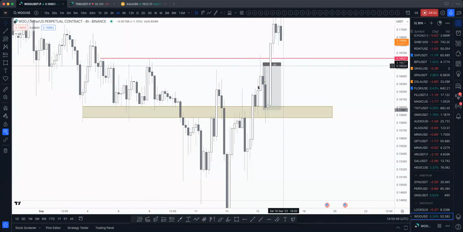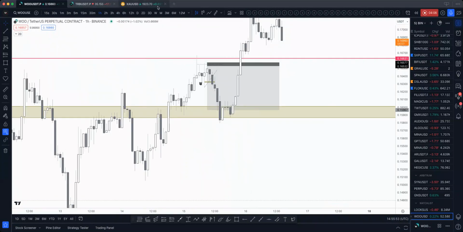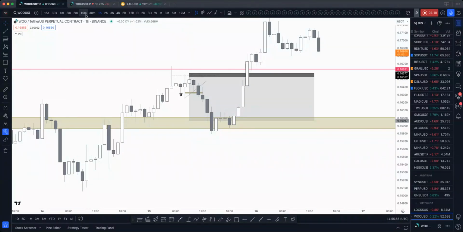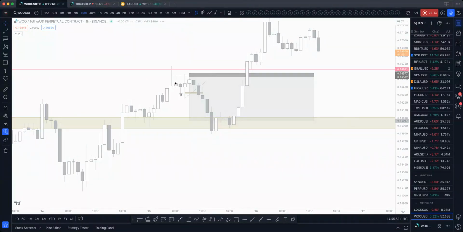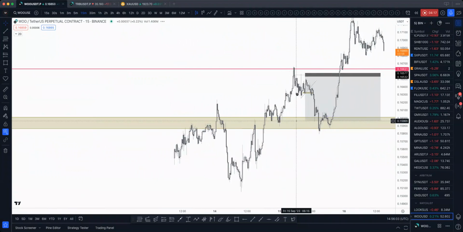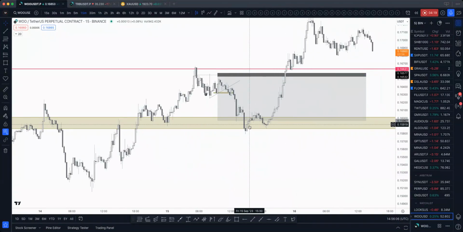But since I wasn't micromanaging this and I was out, it was Friday night, obviously, I didn't see this. I wasn't monitoring this trade. So what happened was, I warned you that this was the danger zone. What happened here is it just came down to the higher time frame support and cleared these lows.